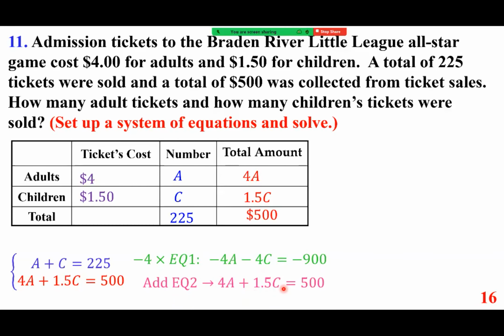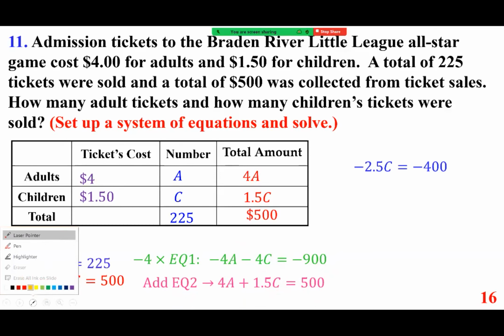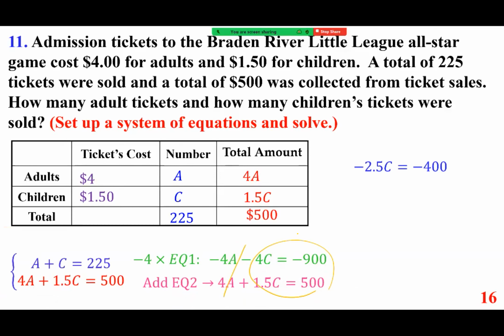If I add equation number 2, these two cancel each other. These two become -2.5C and these two -400. So again, I'm adding them up. These two cancel each other. And this is the result. Divide by -2.5. Or you can say 4,000 over 25.